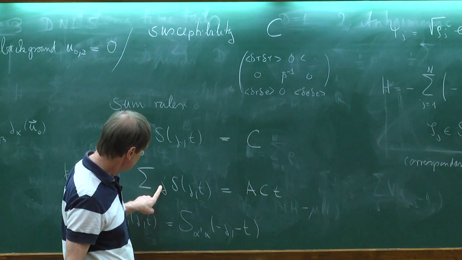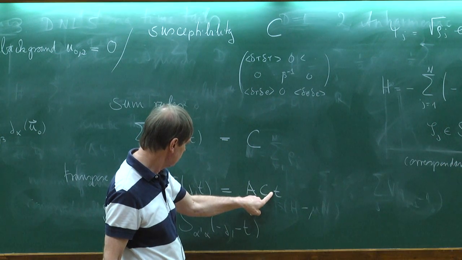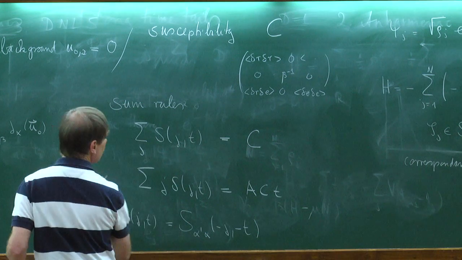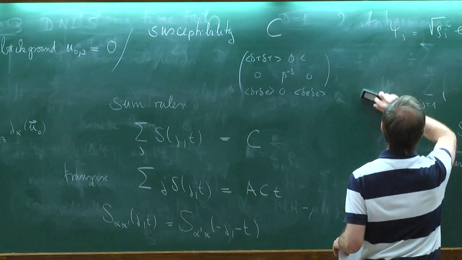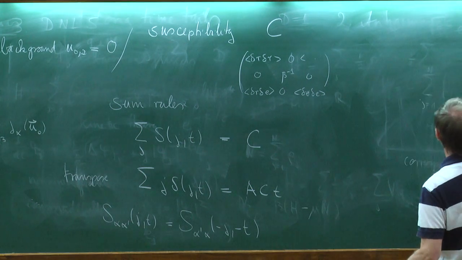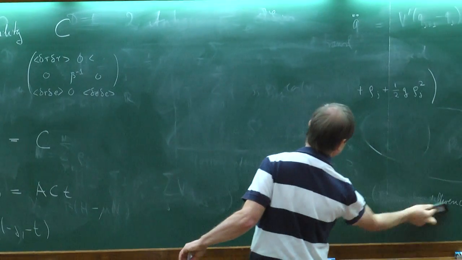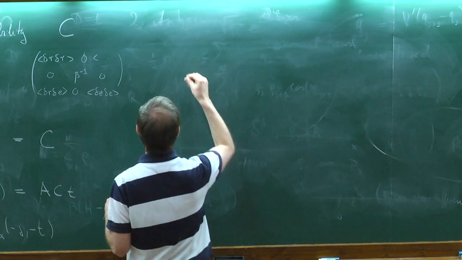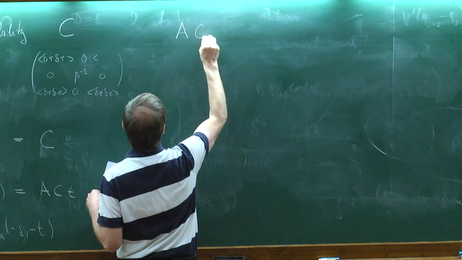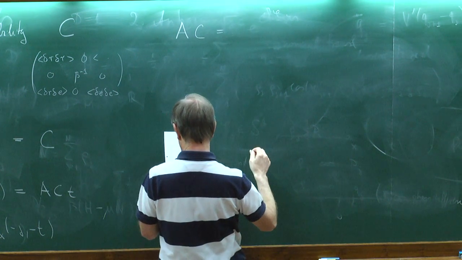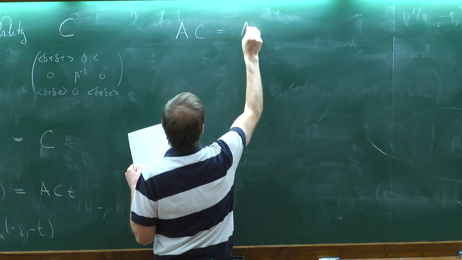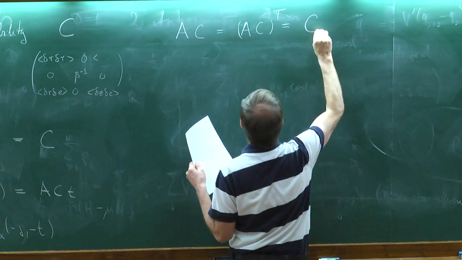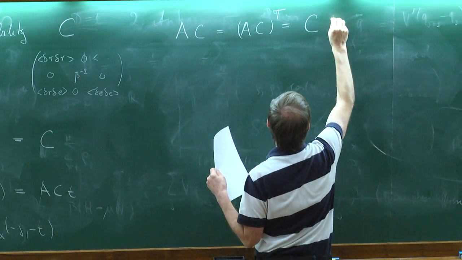This sum gives me another minus J, but there's also a minus C here, so there's a minus C. So all that is left when I take the transpose is the following identity: this matrix is not totally general, but you find that AC is equal to AC transposed. And that's, of course, C. Now, C itself is symmetric, so this is the same as C times A transpose.